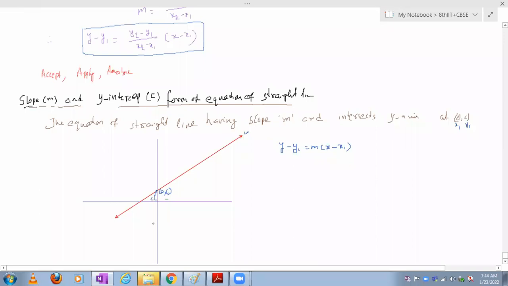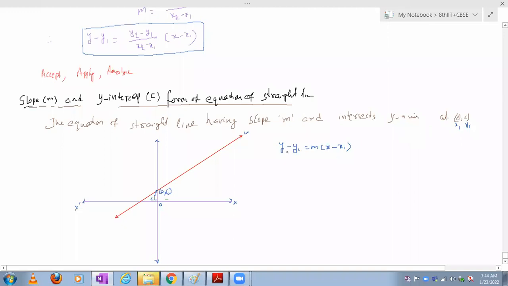It is intersecting at c, c distance away from the origin. Got it or not? Yes, sir. Sir, 0 minus c? 0 minus c means down it is there. So listen here.